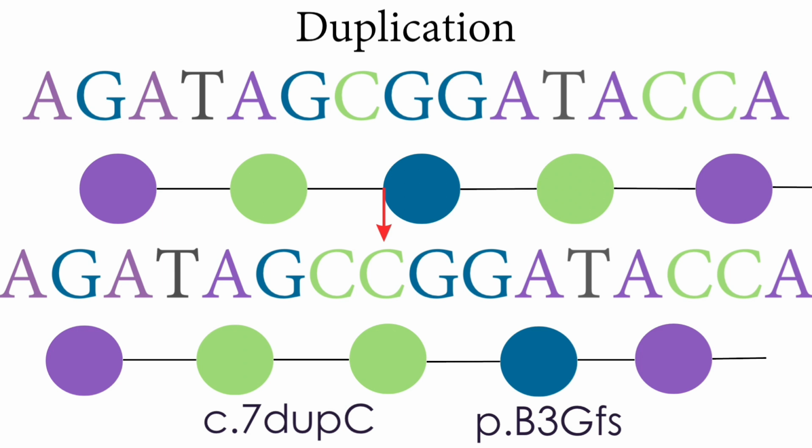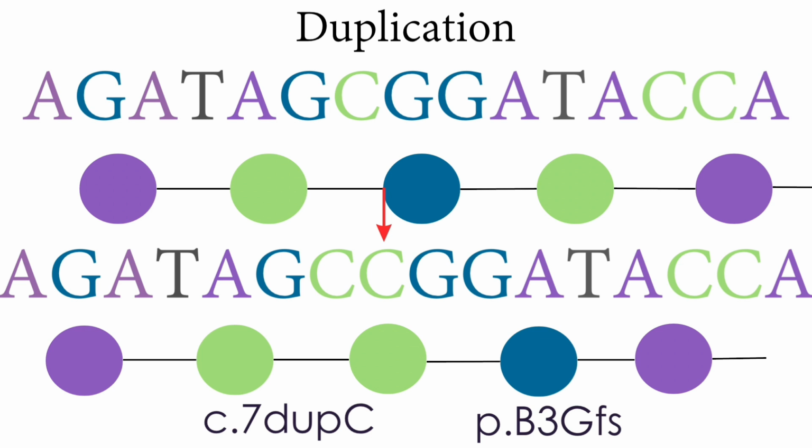And the last we'll talk about is called a duplication. And so we can see that an extra C has been added on the bottom, and that creates a different protein product. This adds in a green amino acid and also changes the order in which these amino acids occur. This can be written as c.7dupC, because a C was duplicated at the 7th position.